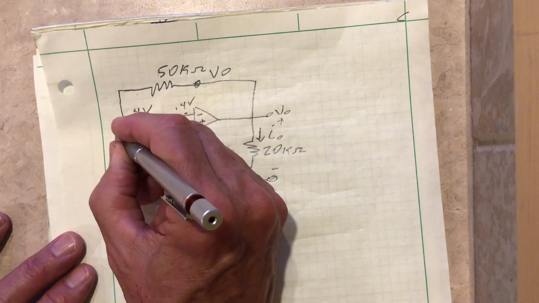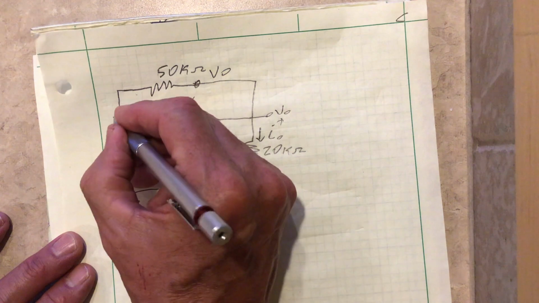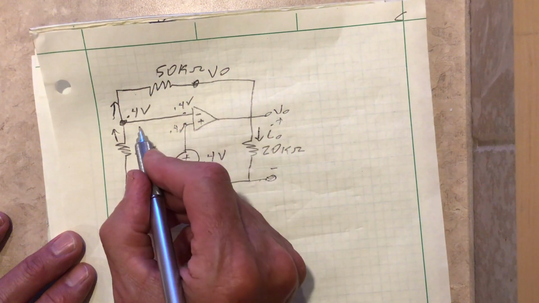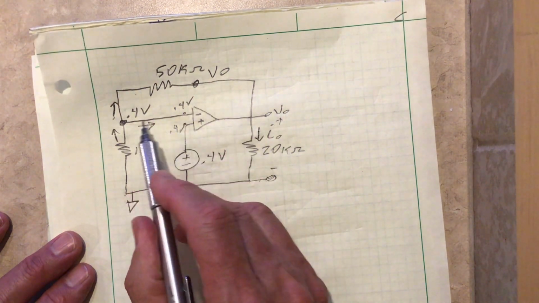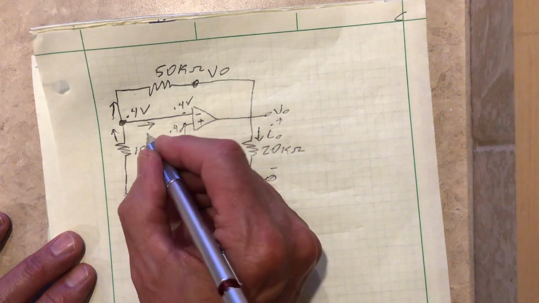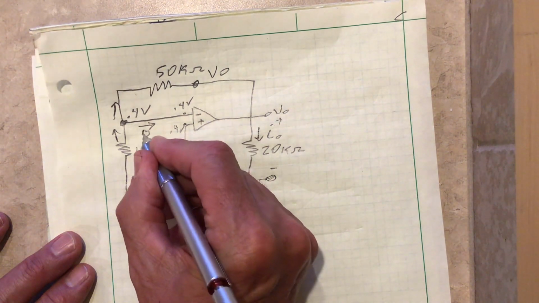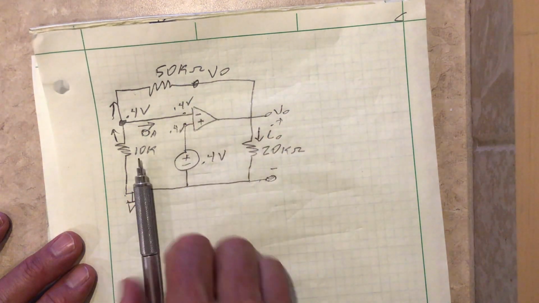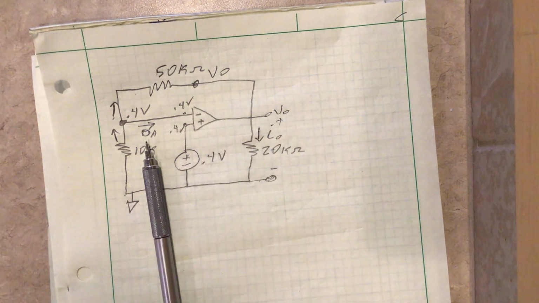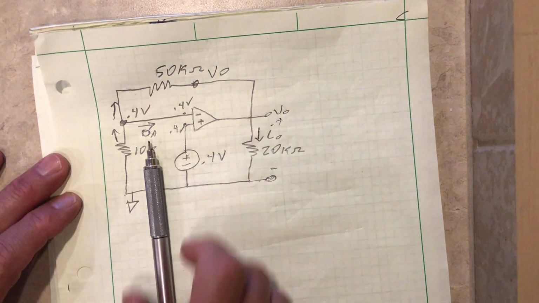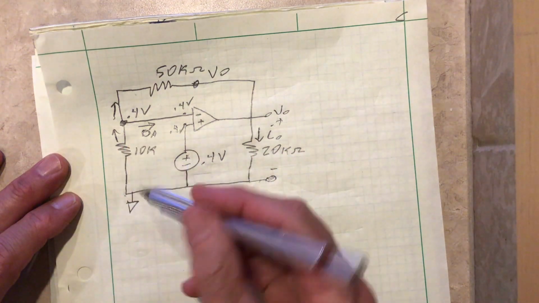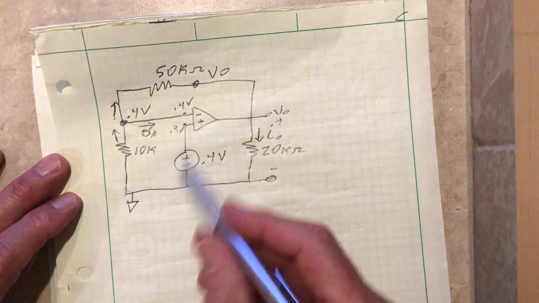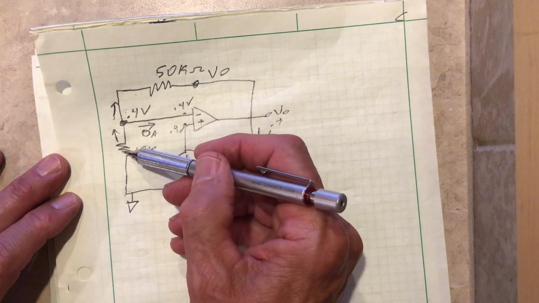So current into this node equals current out of this node. And how much current is going into the op amp? You guys know that? It's 0. It's an ideal op amp, 0 amps. Of course, you know it's not actually 0. It's microamps, but that's small enough. It's going to work for us. Okay, so the current into this is going to be this voltage minus that voltage over this resistance.